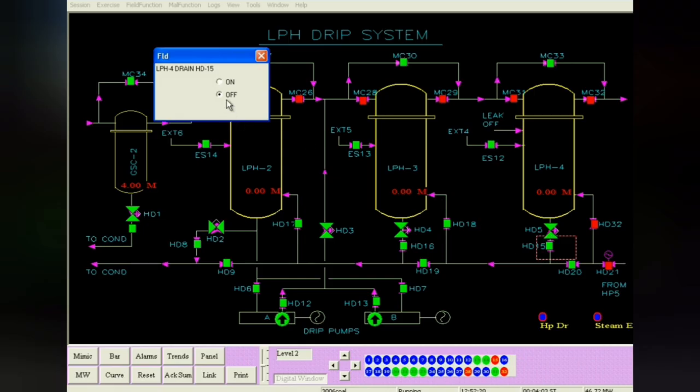Then the LP heater 3 outlet drip valve will also be opened. Then the drip goes to LP heater 2, and the LP heater 2 drip inlet valve will be opened, and the outlet valve will also be opened for LP heater 2. From LP heater 2 outlet, the drip goes to the condenser.